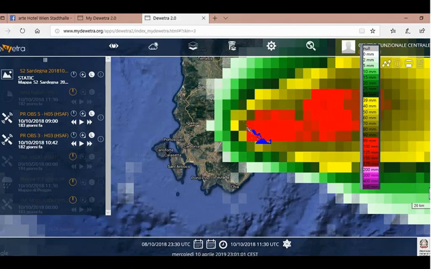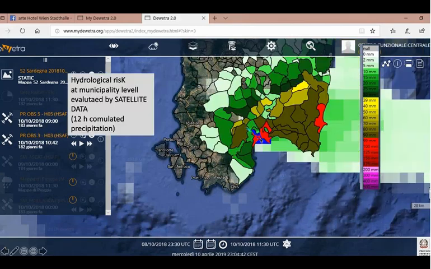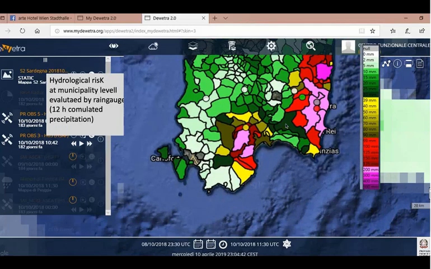Here is still the part where we had the maximum value, and here I reported the hydrological risk at municipality level evaluated by satellite data, because, as I said before, we are interested in the municipality, and so for this reason we generally aggregate the precipitation over municipalities.